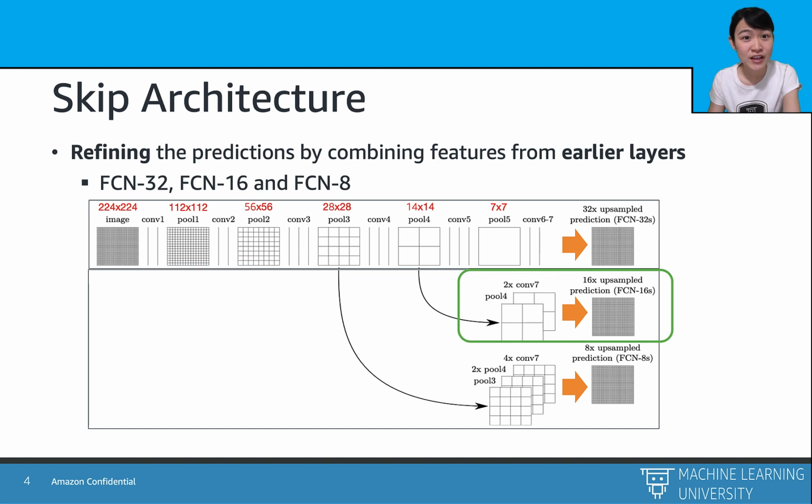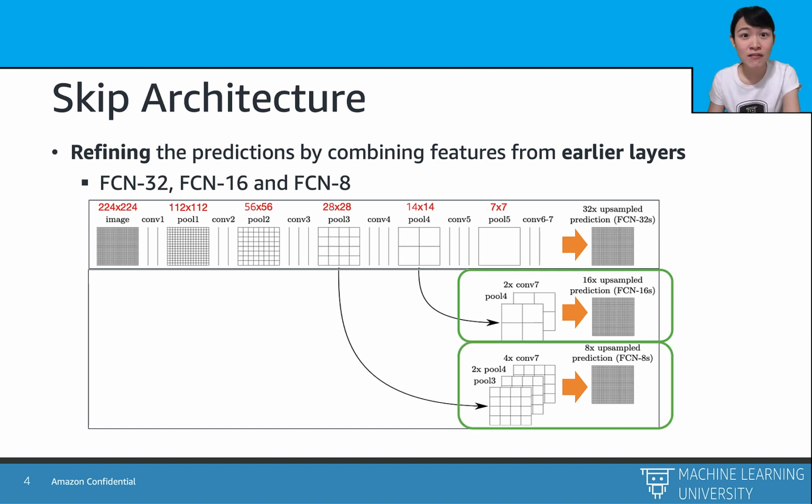To be more concrete, rather than only applying the 32 by 32 kernels to the Conv7 layer, we can grab the Pool4 layer and add the 2x upsampled Conv7 layer, and then we apply a 16 by 16 upsampling kernel to this summation to get the final 16 times upsampled predictions, also called FCN16s.